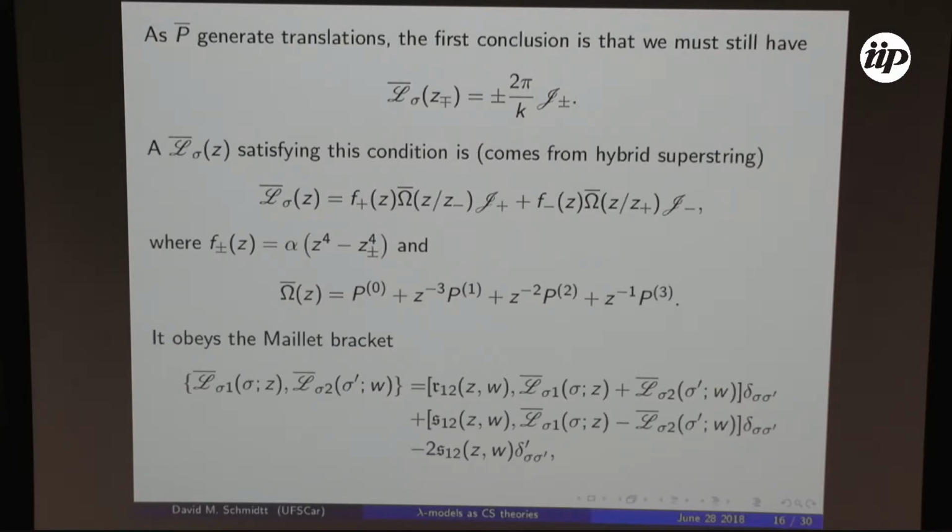Because of the Kac-Moody structure of this theory, I can very carefully compute the bracket of these 2 spatial components of the Lax operator, and it takes the form of the Maillet bracket. So it involves an R and an S matrix, which are not dependent on the field content. They are constant and depend on C and W.